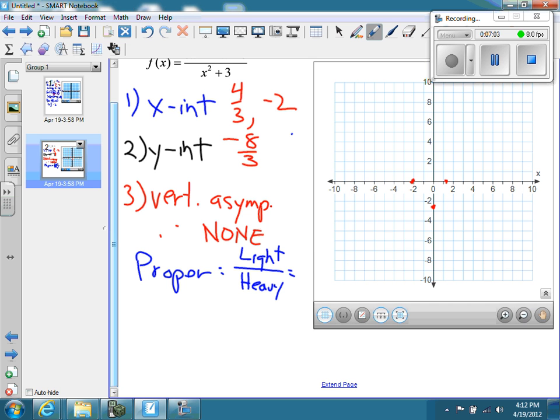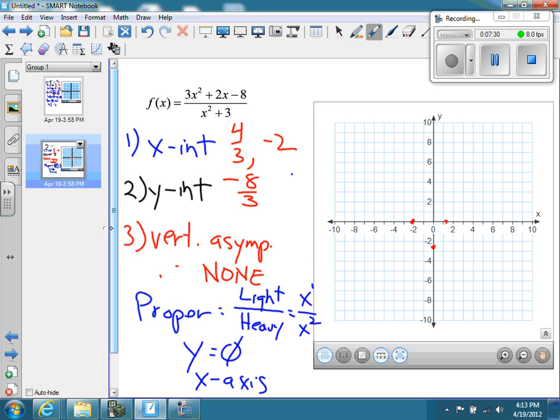For example, x to the 1 over x to the 2 would be a proper rational function. And when you have a proper, the asymptote is, I'm sorry, y is equal to 0. Our x-axis, if we have a proper rational function, our x-axis is going to be the asymptote.